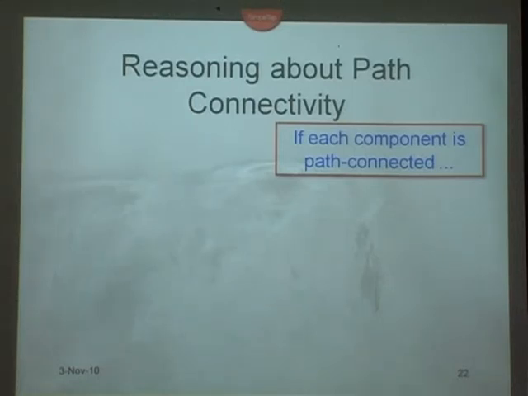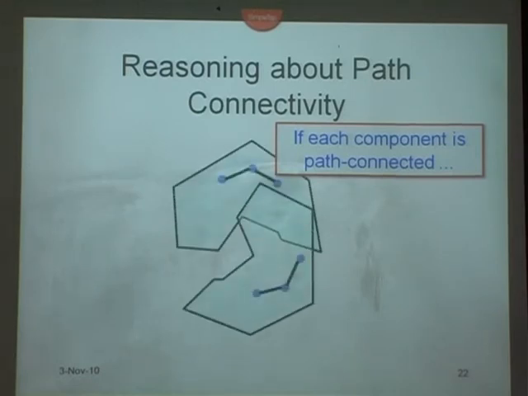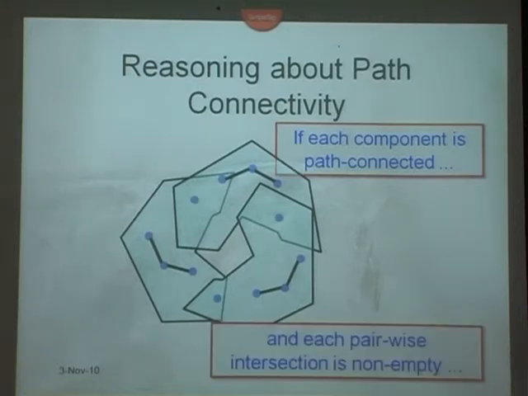So the interesting thing about path connectivity is we know that if each component is path connected, so here we have a bunch of components, and each one of them is individually path connected, and each of their pairwise intersections is non-empty, then what can we deduce? So each piece is path connected, their pairwise intersections are non-empty.